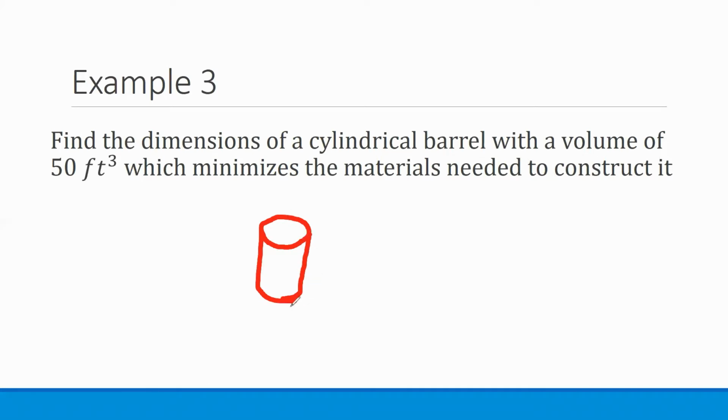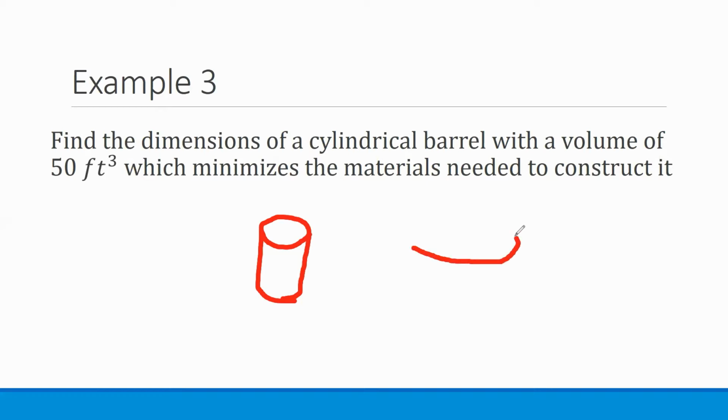It does have a top, it has a bottom, and then the side obviously goes all the way around. So the top, the bottom, and the side. That's the surface area. And we want this barrel to have a volume of 50 cubic feet.